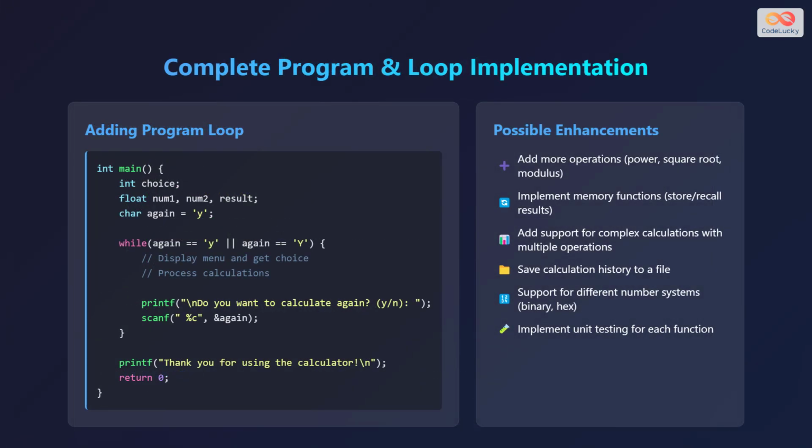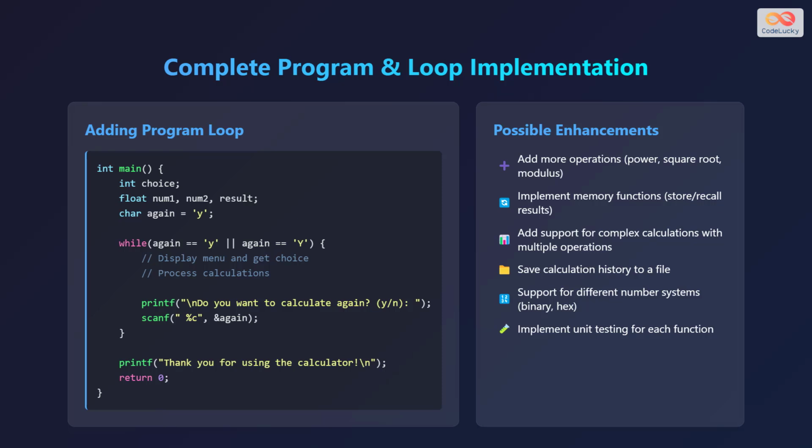Let's explore the complete program structure and how we can add a loop to allow for continuous calculations. First, we declare an integer variable named choice to store the user's menu selection. We also declare two float variables, number1 and number2, to hold the input numbers, and a float variable named result to store the calculation result.